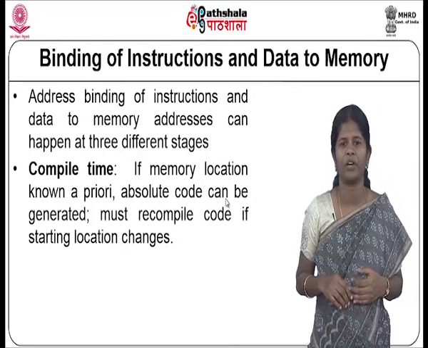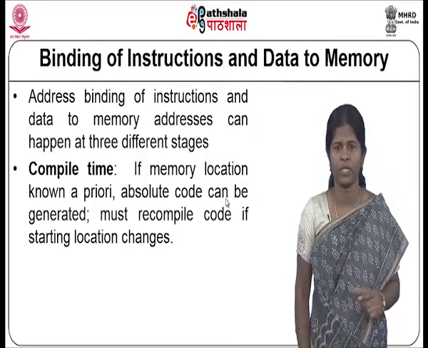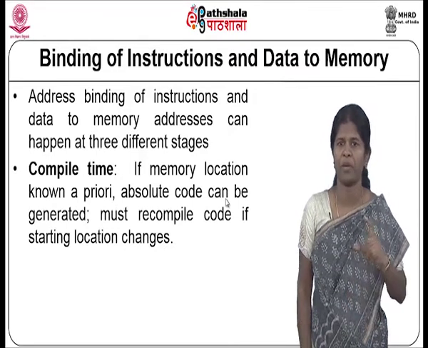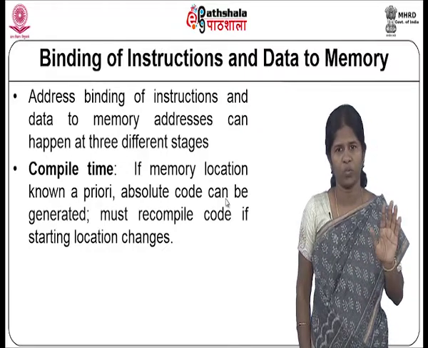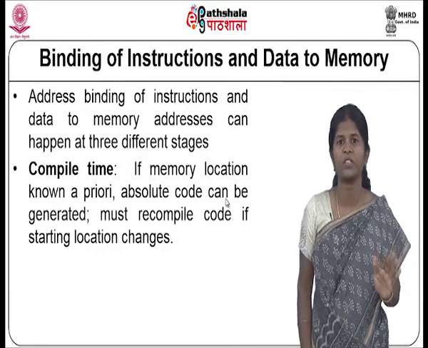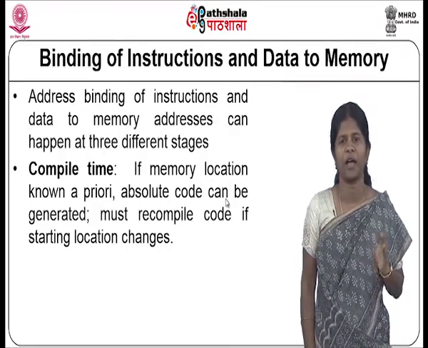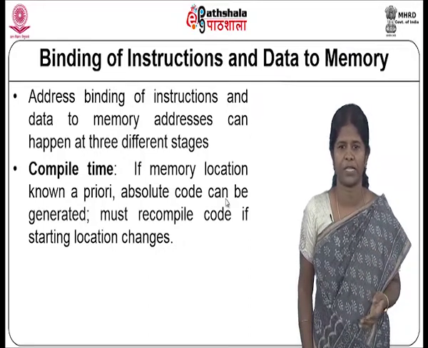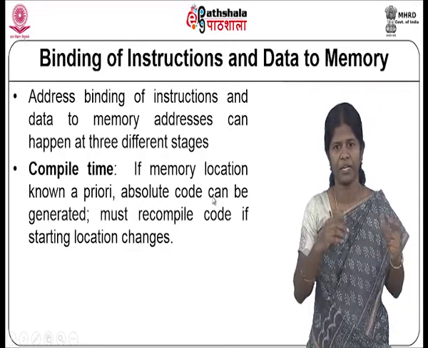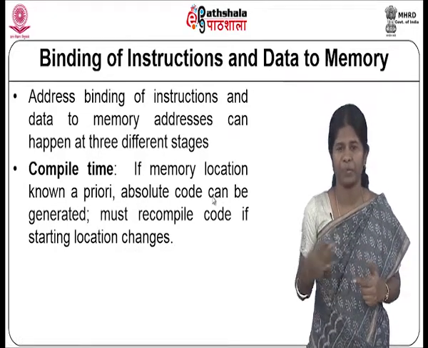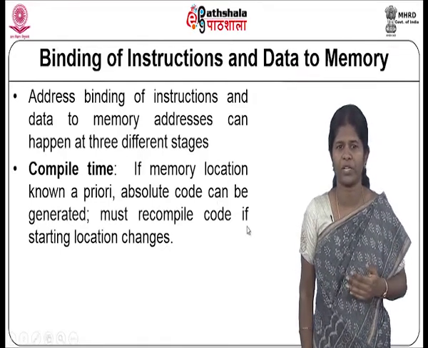Say if the memory location is known a priori, that is, if we know that this particular program after compilation, after forming a process, will be loaded to this particular location in the main memory, if that is known beforehand, then the absolute addresses can be given even during the compile time. And the problem here is that if the starting location changes, then you will have to recompile the program, so that it can be placed in the appropriate location.